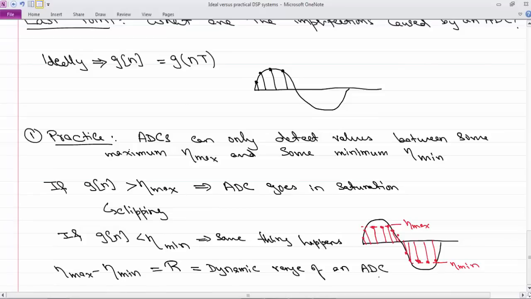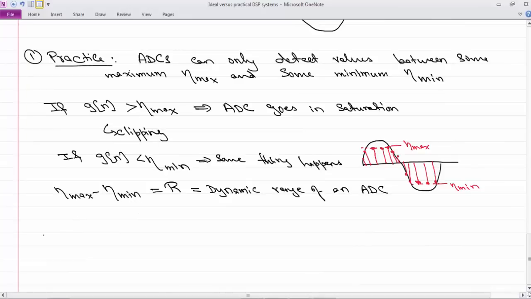Now in general, people just talk about the dynamic range more than the absolute value of eta max and eta min. They will say the dynamic range of this ADC is 2 volts, which means anything within 2 volts between the maximum and the minimum, it records. Okay, so this is what we know about ADCs in terms of the dynamic range. They can't just take any value, maximum, minimum. They have a finite dynamic range.